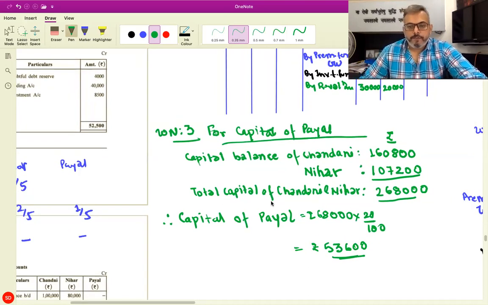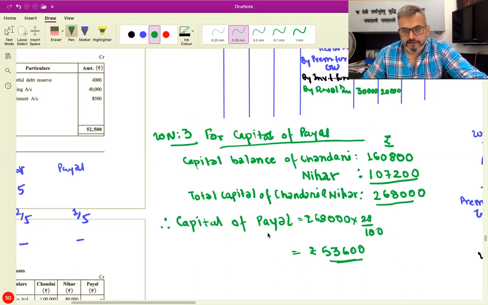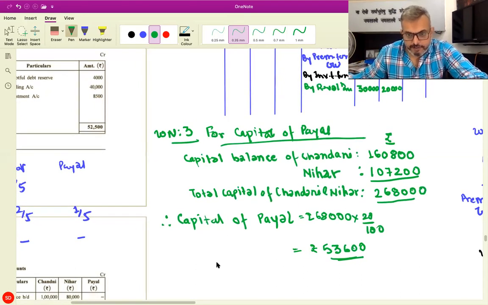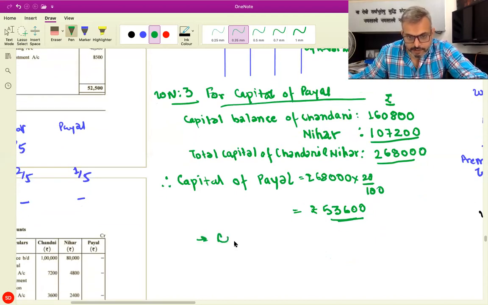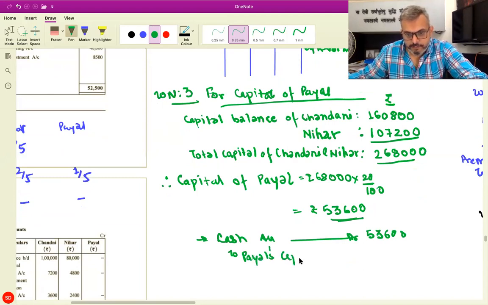Now, we got the capital of Payal, and we can write the journal entry for this. Cash account debit 53,600 to Payal's capital account 53,600.